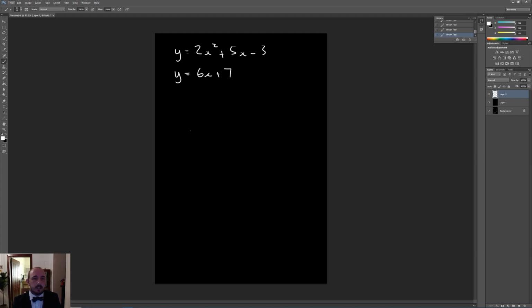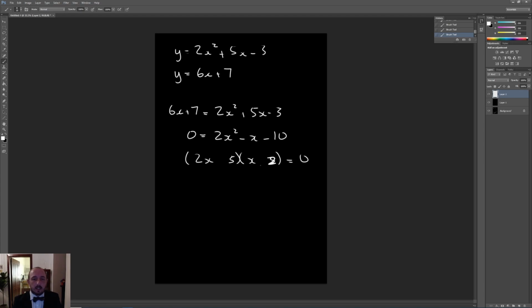So we're going to substitute the 6x plus 7 in place of the y into 2x squared plus 5x minus 3. Rearrange this so we have a quadratic equal to 0: 2x squared minus x minus 10, and that will give us 2x and x, and we need to have a 5 here and 2 here.